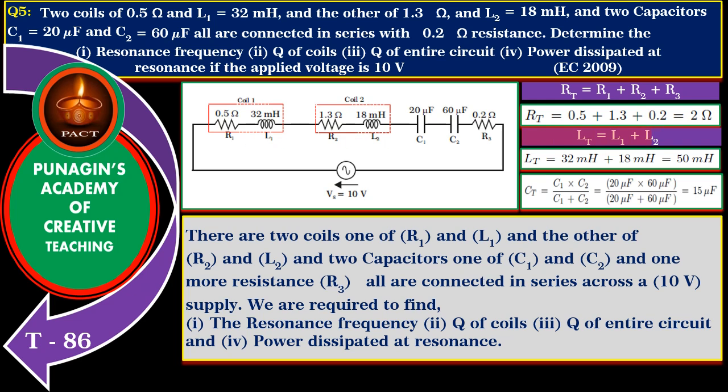Hence, LT is equal to L1 plus L2. So, by substituting the values and solving, we get LT is equal to 50 millihenries. Similarly, Ct is equal to C1 into C2 divided by C1 plus C2. By substituting the values and solving, we get Ct is equal to 15 microfarads.